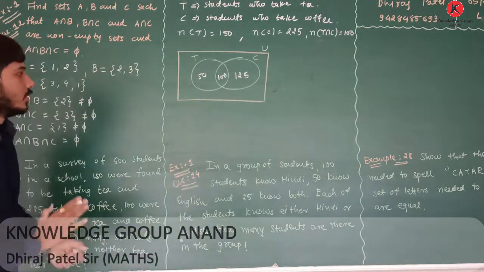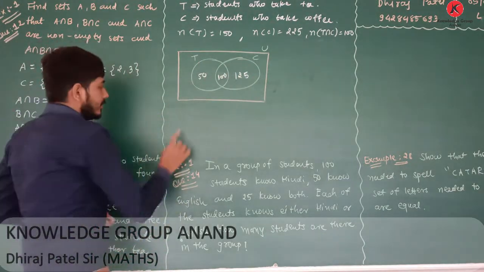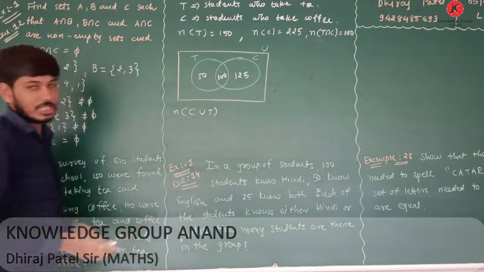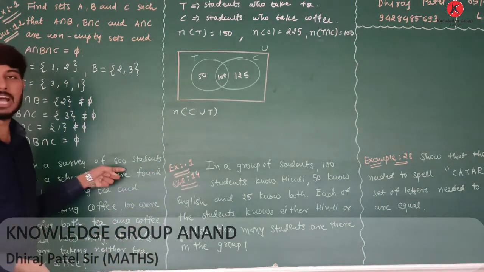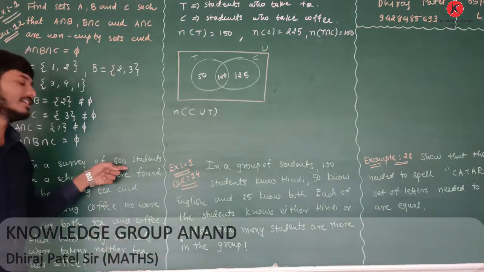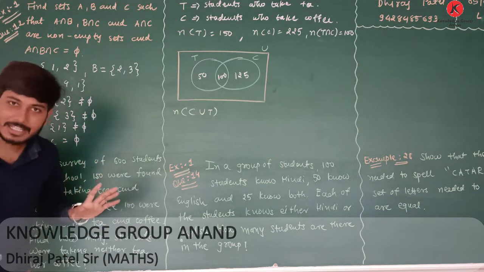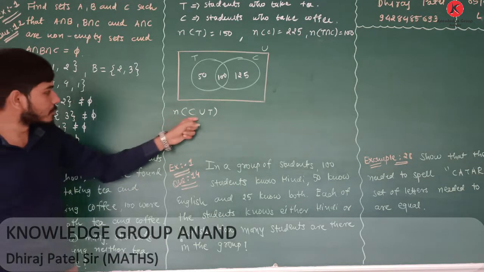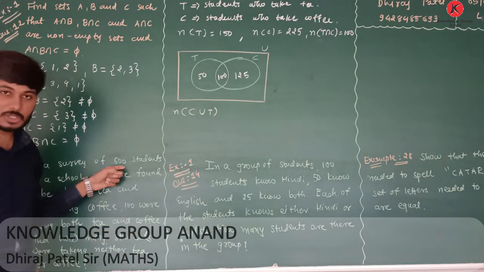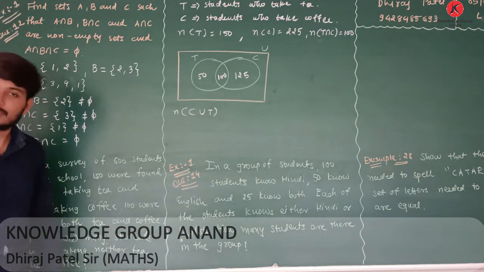Okay, the Venn diagram is ready. Now find number of C union T. Suppose C union T find out કરો છો, 600 આવે છે તો ઓકે 600 હશે, નથી આવતો તો પછી this is your number of elements of universal set. Okay, clear? If number of C union T equals to 600, then this is number of C union T, otherwise it is number of universal sets.